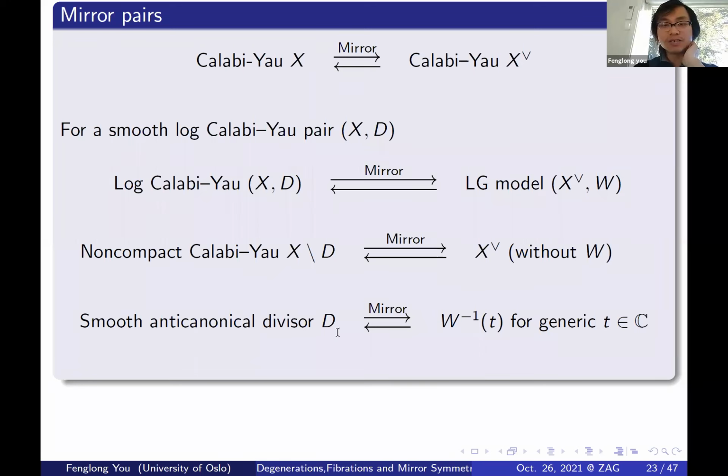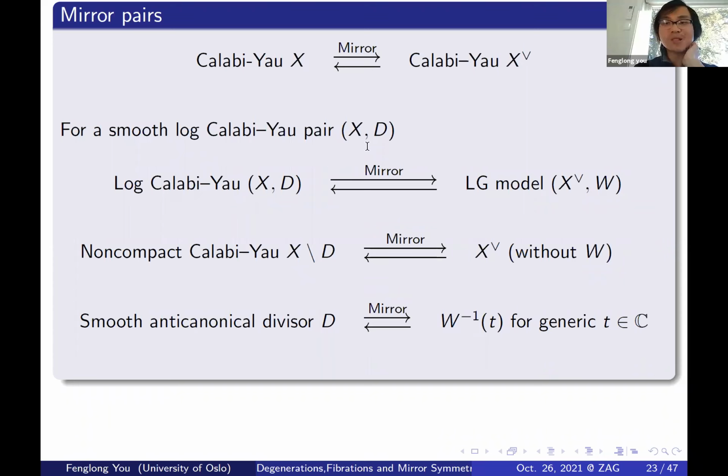And also the smooth anti-canonical divisor D is mirrored to the generic fiber of the superpotential. So for a generic t in C, the preimage of the superpotential should be a mirror to this divisor D. So this is how mirror symmetry works for smooth pairs.